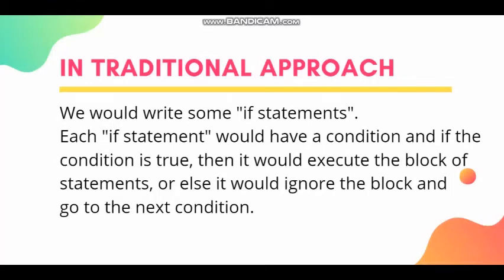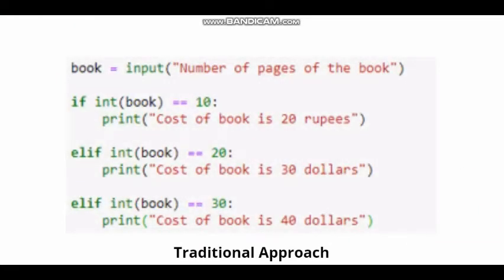So in traditional approach, we would write some if statements, and each if statement would have a condition, and if the condition is true, then it would execute the block of statements, or else it would ignore the block and go to the next condition. This is how the program would look in traditional approach.